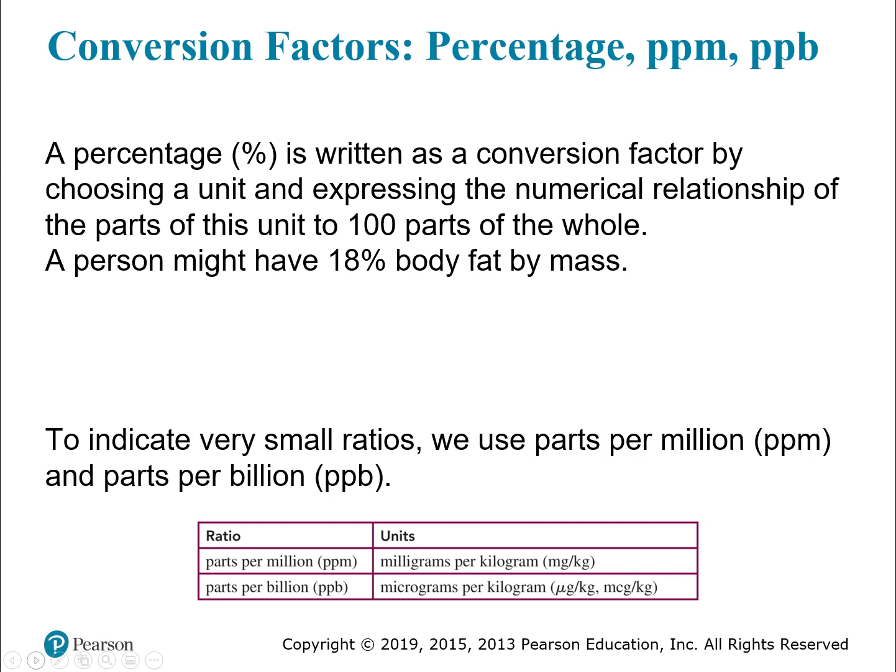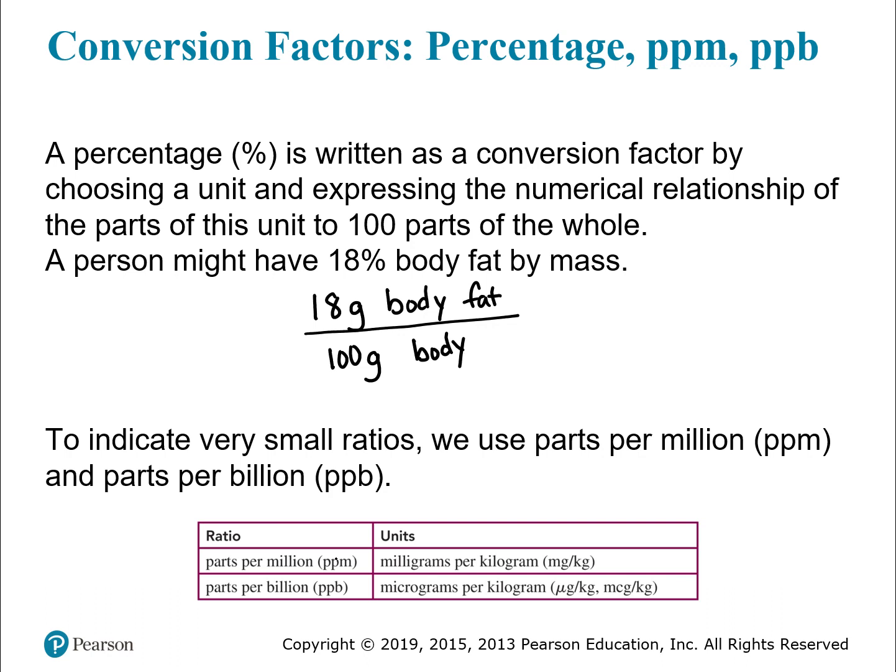So if you have 18% body fat by mass, then that means that you've got, say, 18 grams of body fat for every 100 grams of body, okay, of your person. That is a conversion factor.